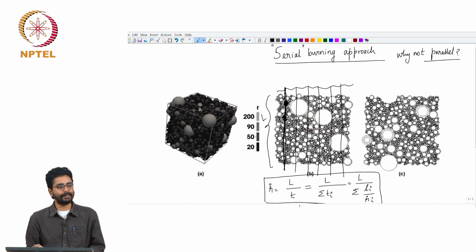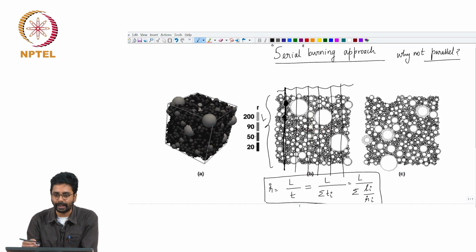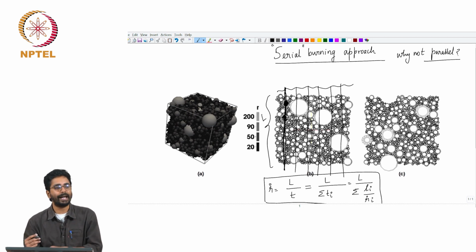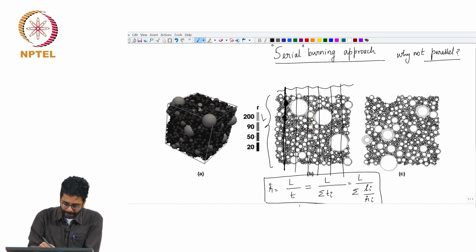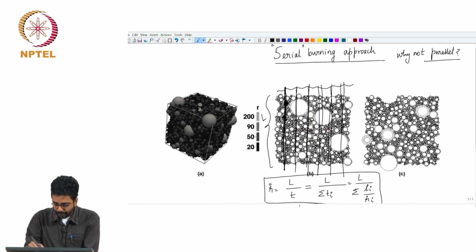Now, of course, if I took a different line, I may get a different burn rate. It can be higher, it can be lower. So, the propellant burn rate is simply taken to be the burn rate of the statistically averaged path, or the statistical particle path, which is nothing but we take a large number of such lines and then average the number of particles of a particular size that occupies a fraction of that line.